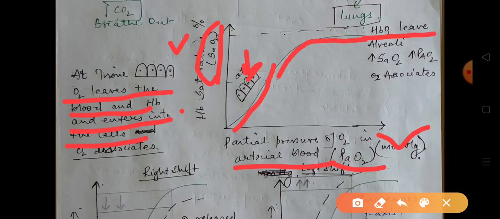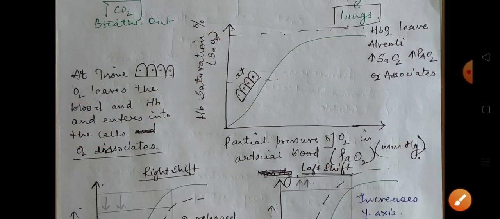Hemoglobin is richly supplied with oxygen. So over here saturation of oxygen in the hemoglobin is maximum, and partial pressure of oxygen in the alveoli is also maximum. In lungs, partial pressure of oxygen in the alveoli is maximum, and the hemoglobin is saturated with oxygen and that saturation is maximum.